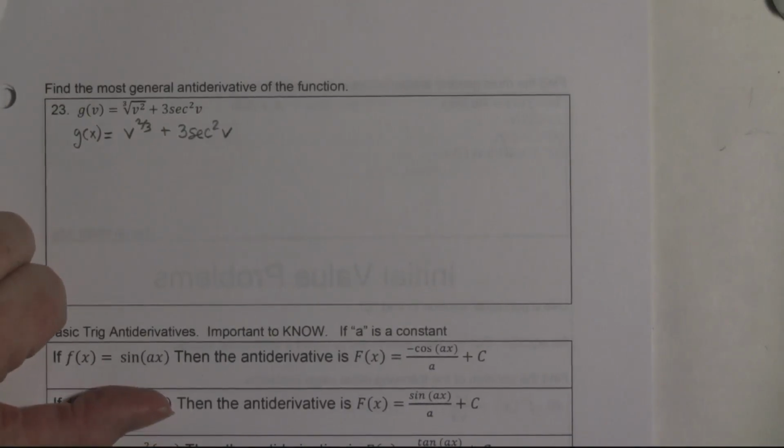And I'm going to show you a shortcut that I definitely use. I hope that I've chit-chatted enough that you're remembering, yes, when you take the derivative of tangent v, you get secant squared v. I'm hoping that's what you're saying, so that if you're doing the antiderivative, you would be getting tangent v here.